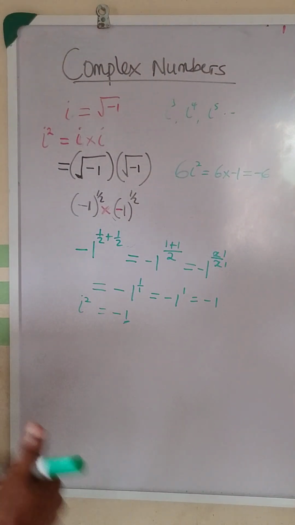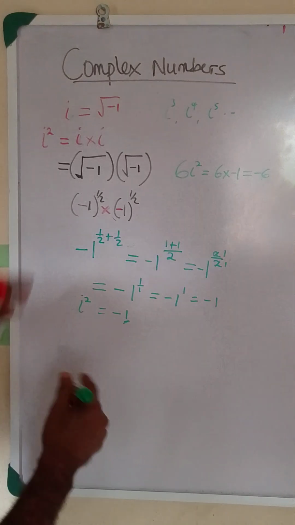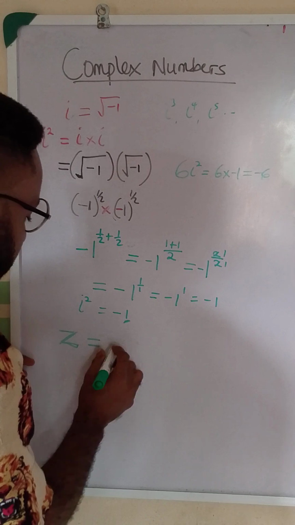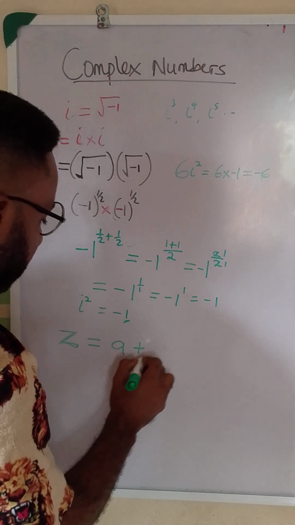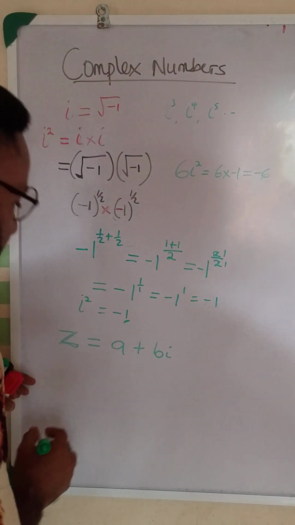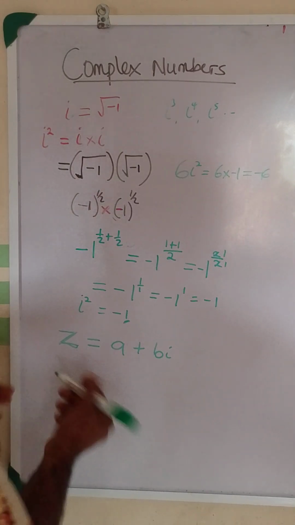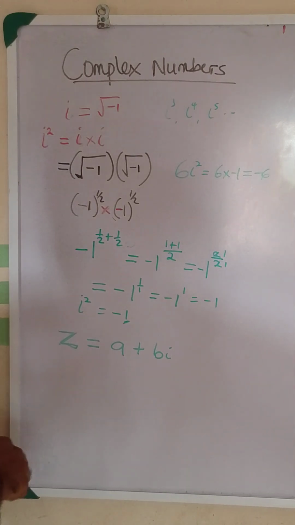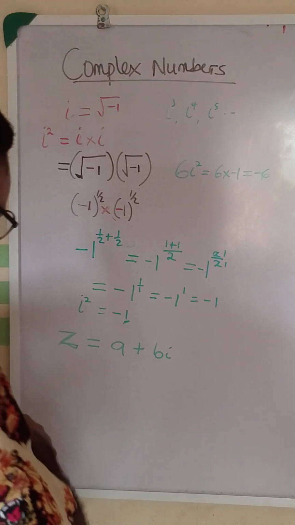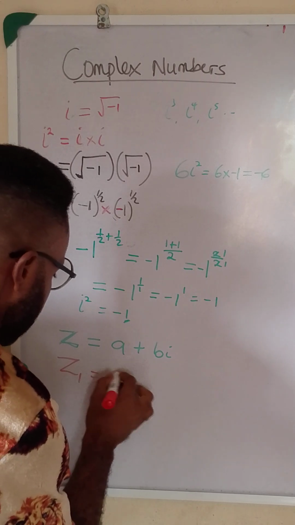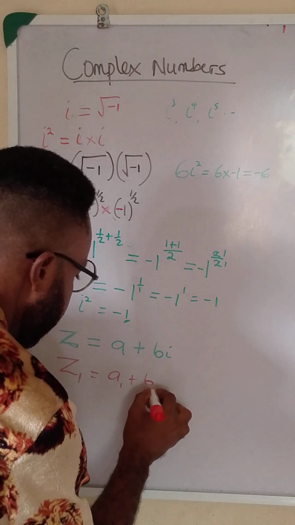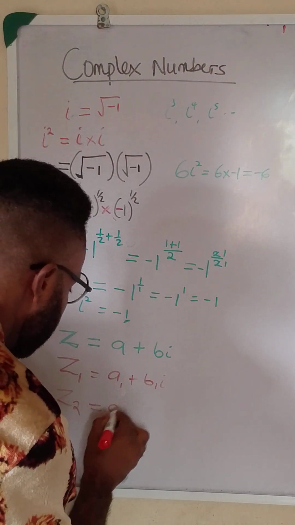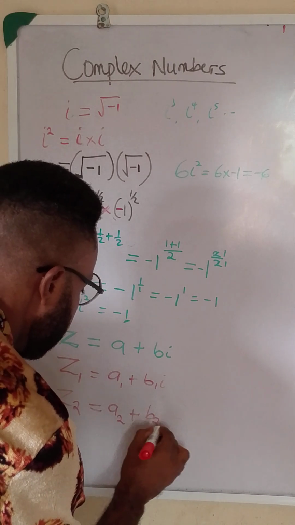And again, still under introduction on complex numbers, if you have z equal to a plus bi, and your z1 will be equal to a1 plus b1i, and your z2 will be equal to a2 plus b2i.